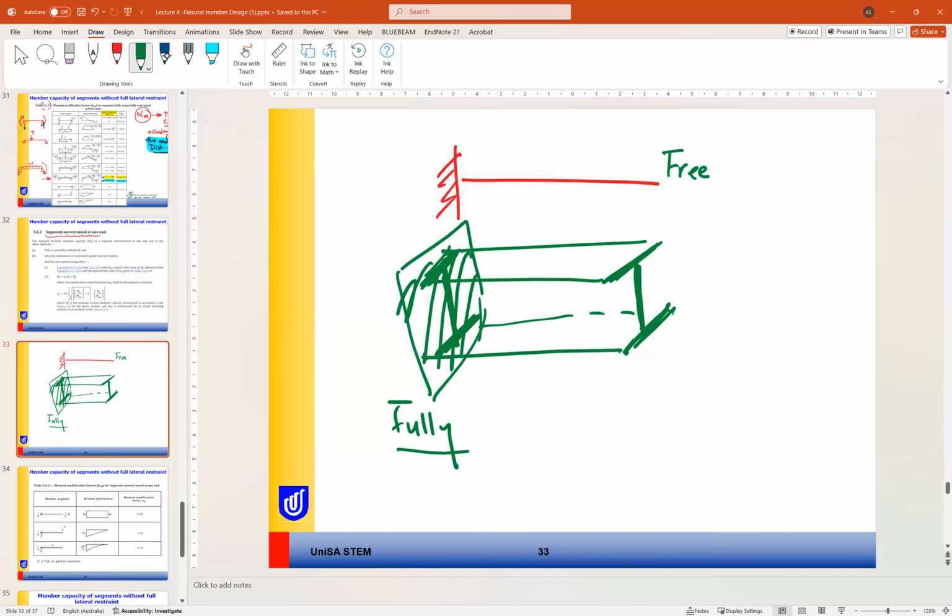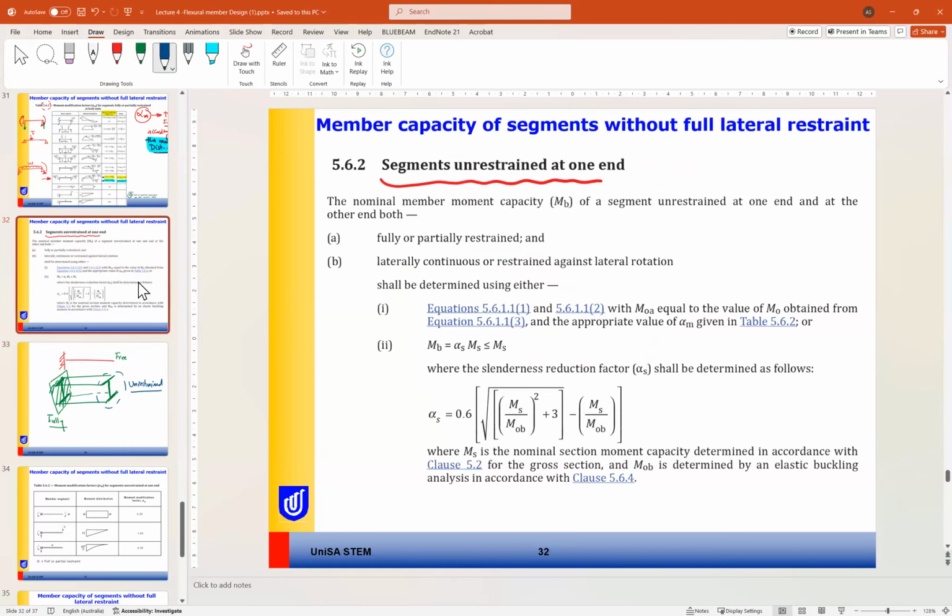If it is free at this edge, this means that this part is unrestrained. So for cantilever beams, the segment is unrestrained at one of the ends. The end that is not restrained is the free end. So the formulas will be a little different for this part, but it is the same concept.